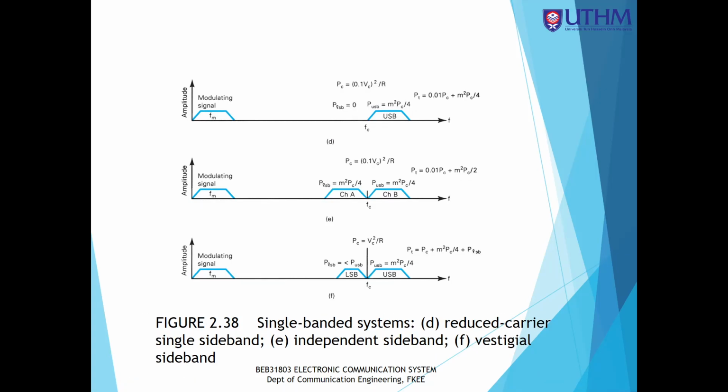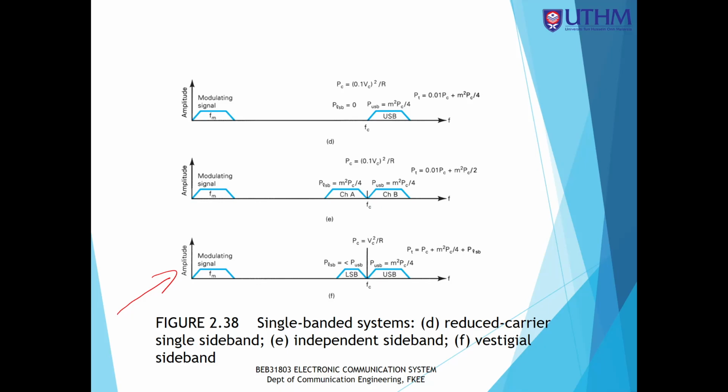So let's look at this slide. Over here, figure F is for the vestigial sideband. First of all, the amount of power carried by the lower sideband and the upper sideband is not equal. If we remember, in the double sideband full carrier, the power in the lower sideband and the power in the upper sideband are equal.